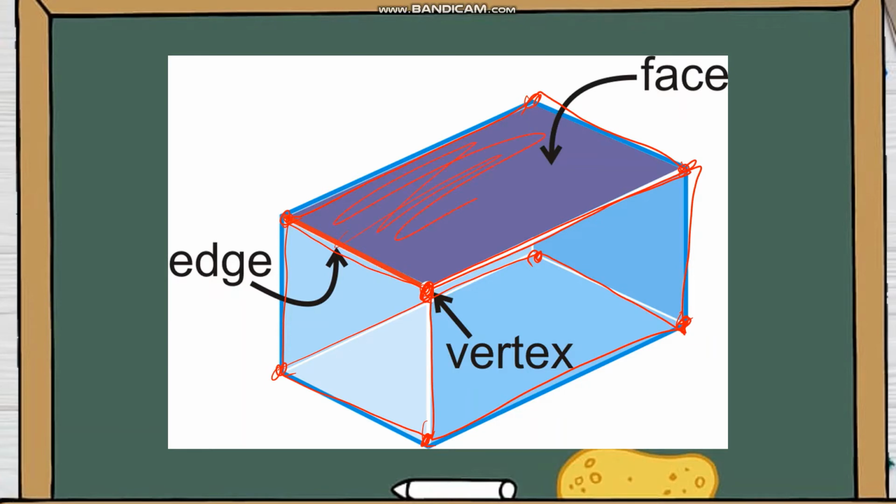And these are the faces. So those are the three terms that you have to be familiar with as we go through the different 3D shapes. Okay, let's begin.